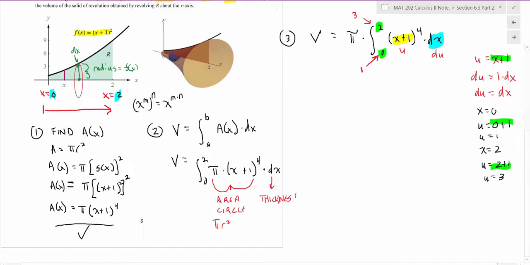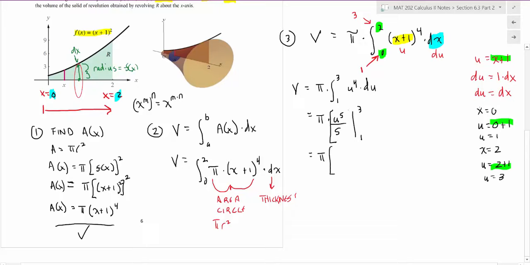Okay, so I'm going to go ahead and write the new integral, which is going to be pi times the integral from 1 to 3 of u to the fourth times du. That'll be a very simple integral to do, so that's going to be pi. The antiderivative of u to the fourth is u to the fifth over 5, and we're going to evaluate that from 1 to 3. We don't worry about the constants, so we're going to have pi.